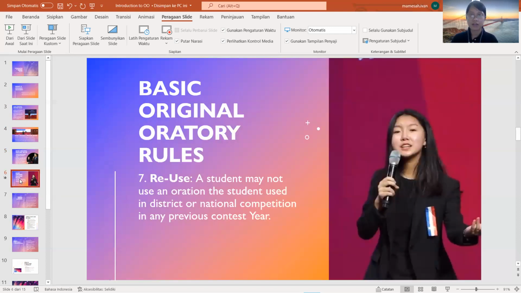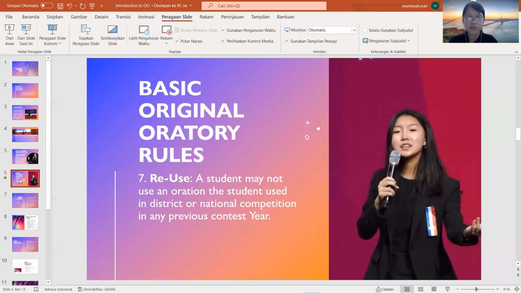And lastly, regarding reuse, a student may not use an oration the student used in district or national competition in any previous contest year. So if you have used some speech, you are not supposed to use the exact same speech again. But then again, this is the rule for the national and district competition in the US.